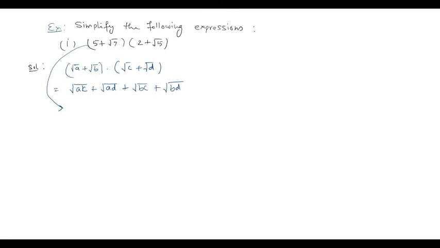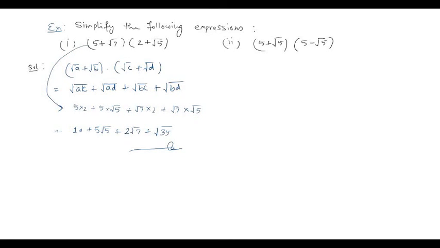So here we will get a into c, so we will multiply 5 into 2. It becomes 5 into 2 plus 5 into square root of 5 plus square root of 7 into 2 plus square root of 7 into square root of 5. So here we will get 10 plus 5 square root of 5 plus 2 square root of 7 plus square root of 35. So this will be the simplification.